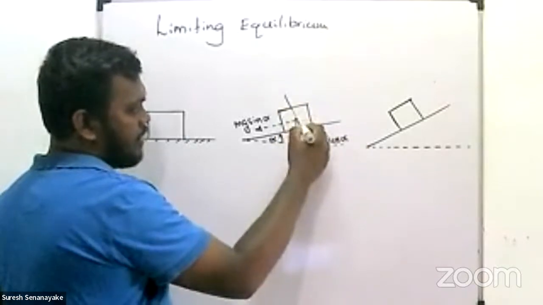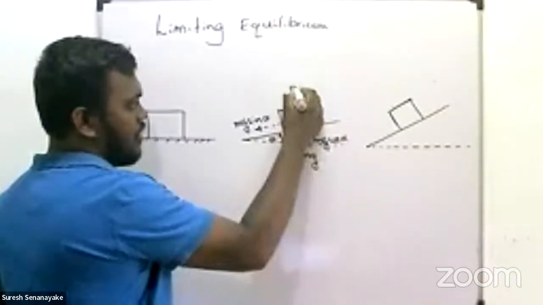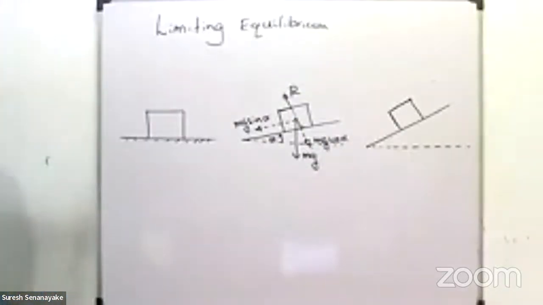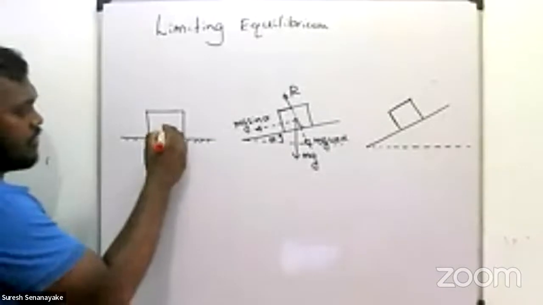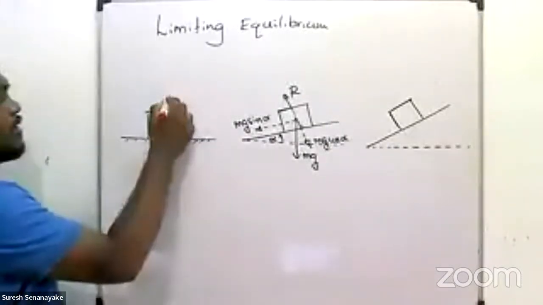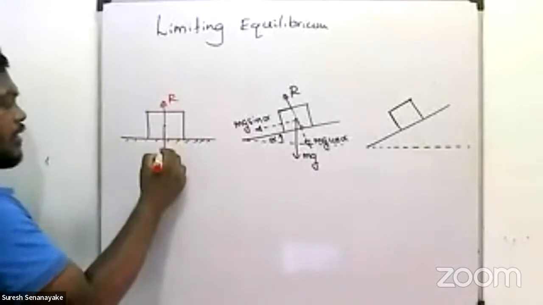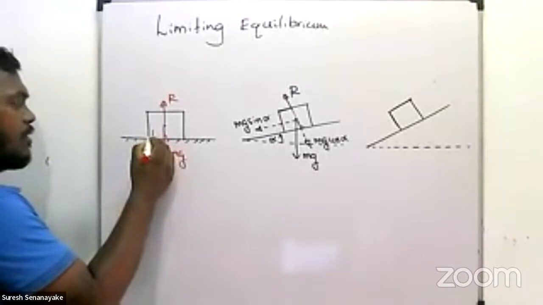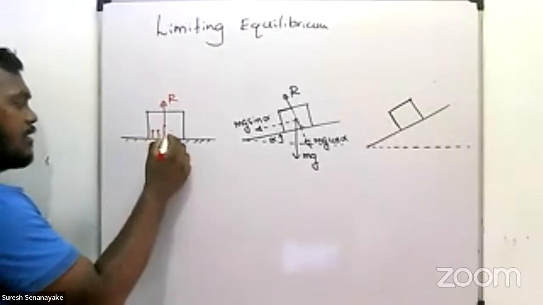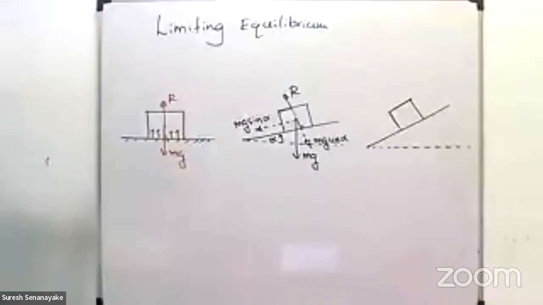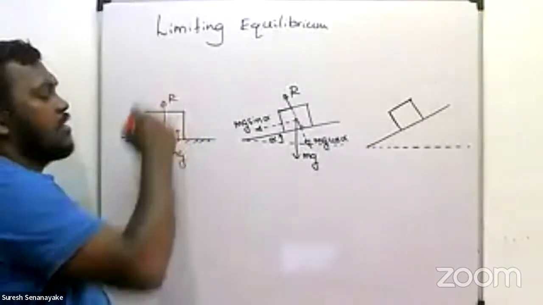The normal reaction is uniform on all the points in contact, so the resultant is this R.